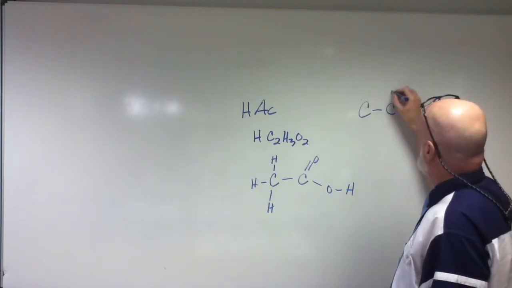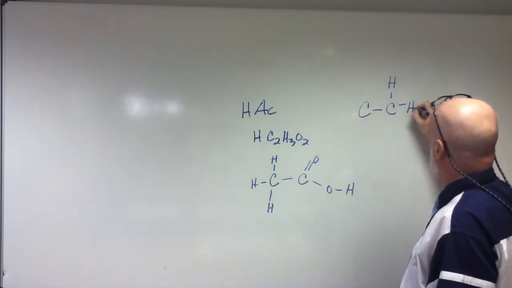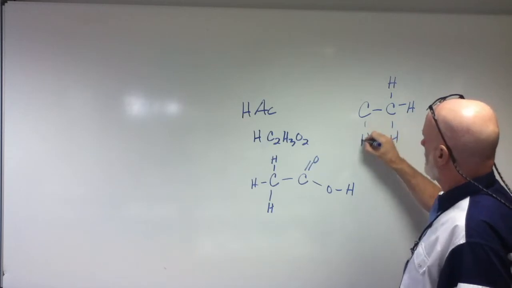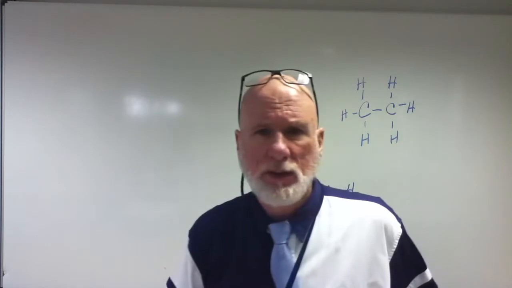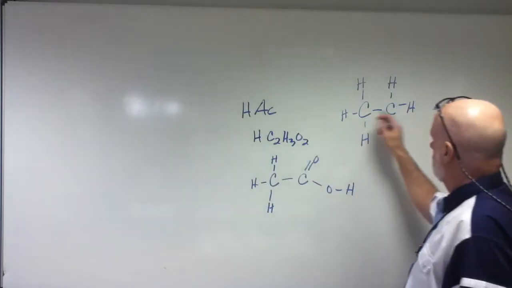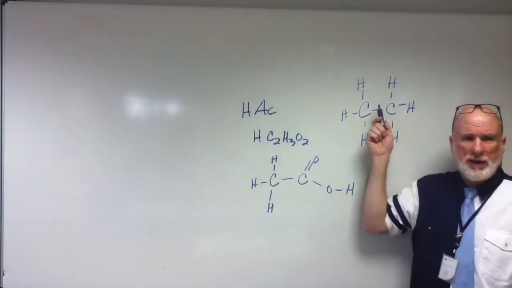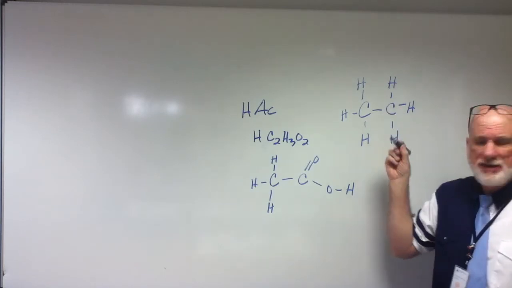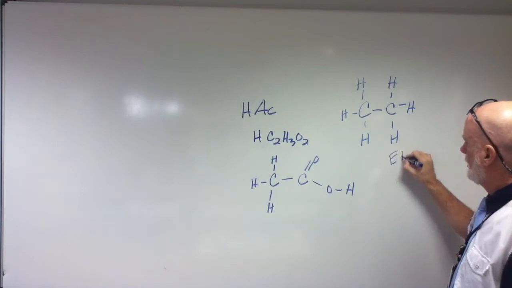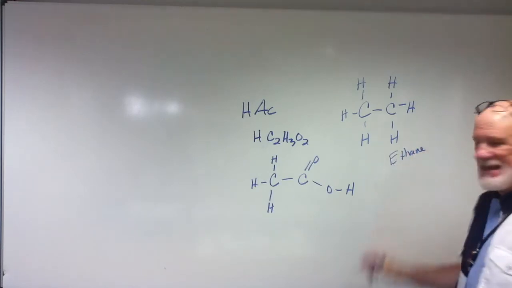Where does ethanoic acid come from? Well, it's organic chemistry nomenclature. A 2-carbon, see, carbon has 4 bonds here: 1, 2, 3, 4. This is called a hydrocarbon. This is called ethane.